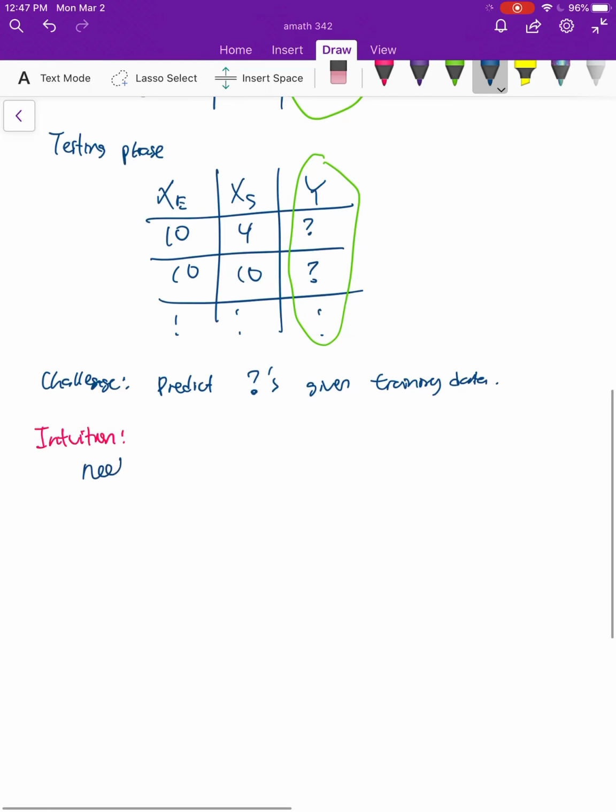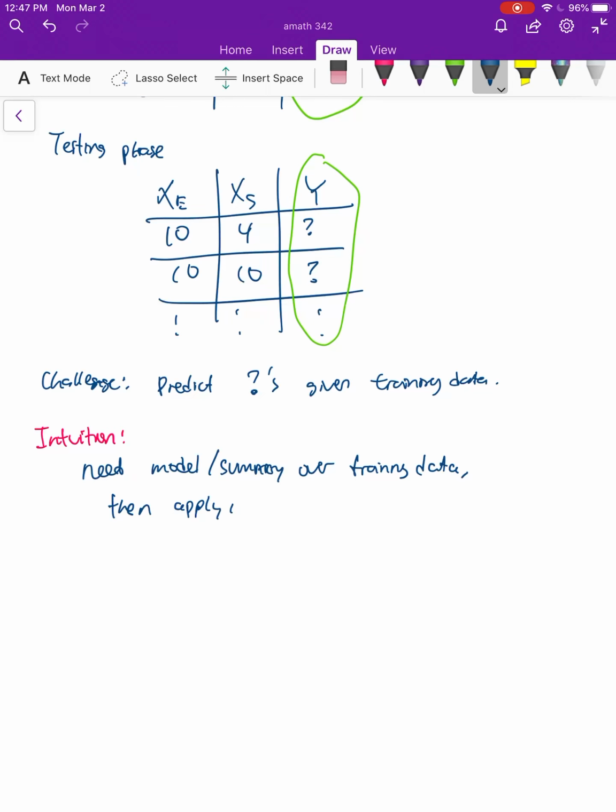So you need a model or summary or generalization over training data, then use it and apply it to the test data's x values to predict the missing y's.